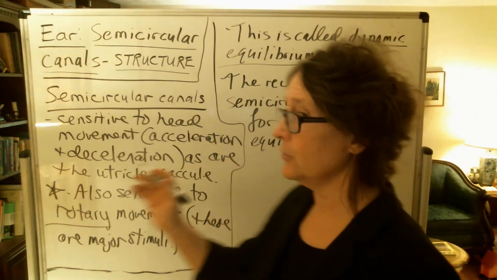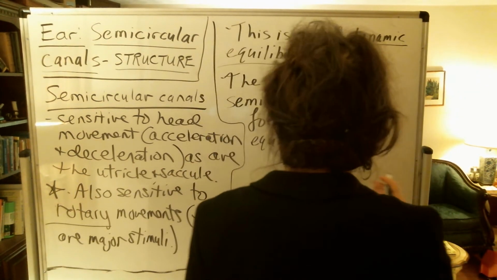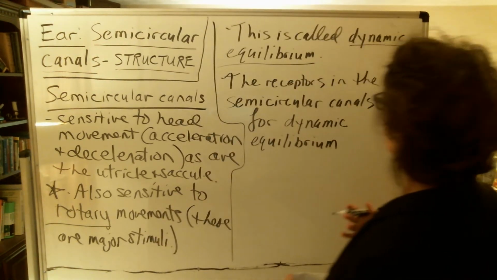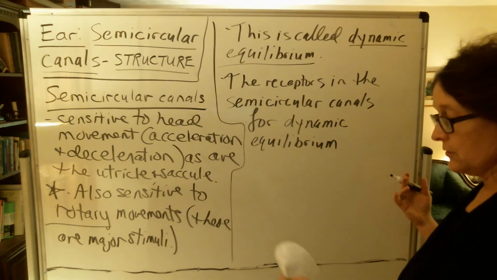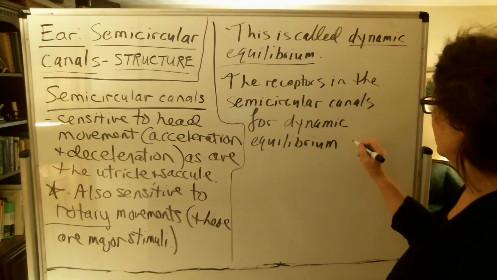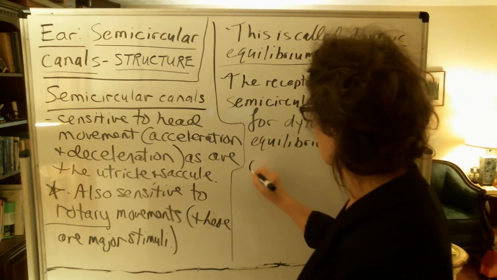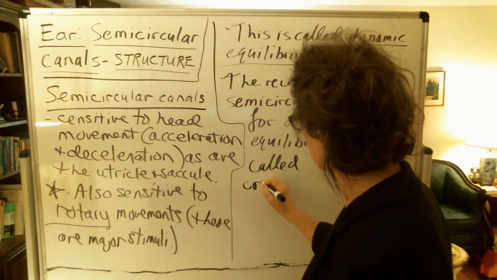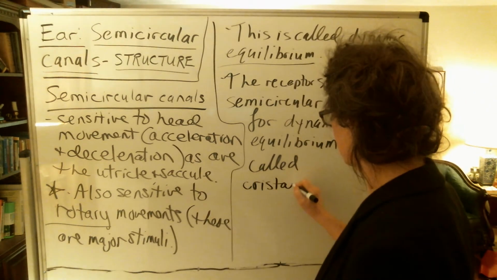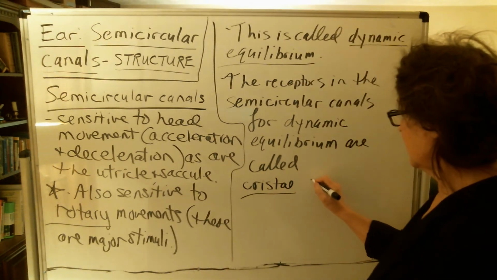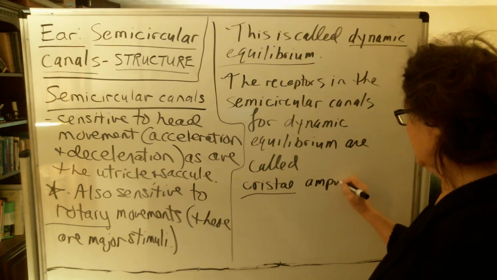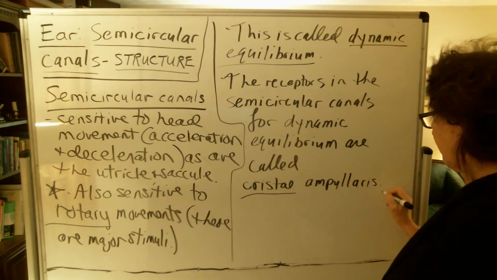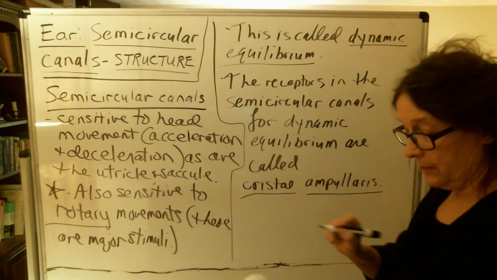So by rotary motion, we mean spinning like this, and so on. So the receptors in the semicircular canals for this dynamic equilibrium then are called the cristae ampullaris. And more on them in a little while.